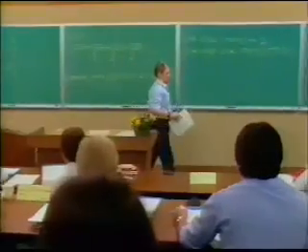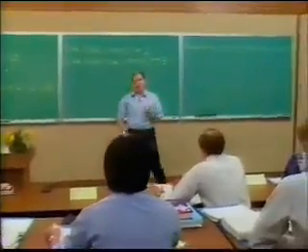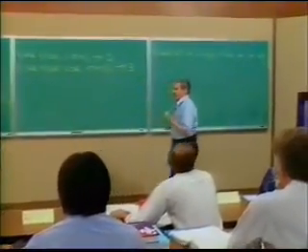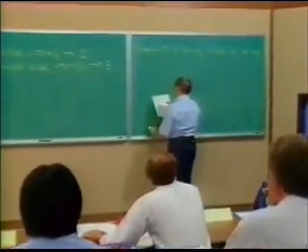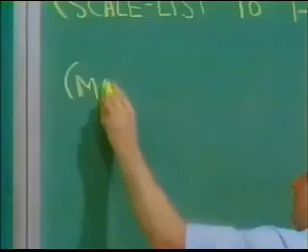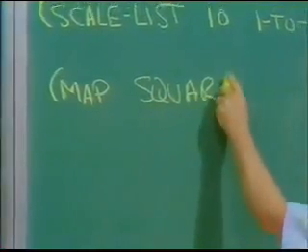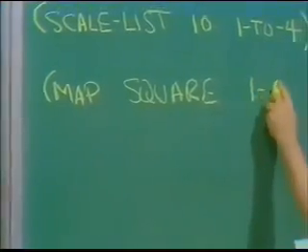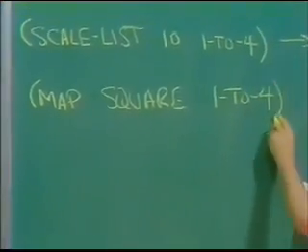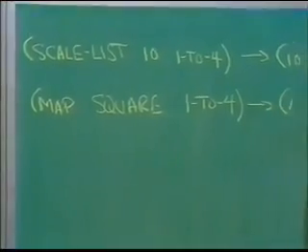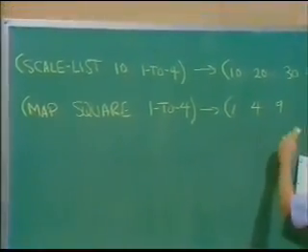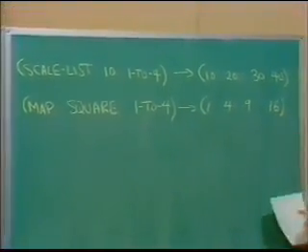And of course, one of the values of doing this is that you start to see commonality. Again, you're capturing general patterns of usage. So for instance, if I said map the square procedure down this list 1 to 4, then I'd end up with 1, 4, 9, and 16.